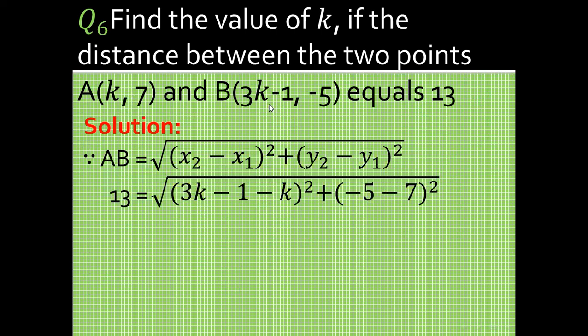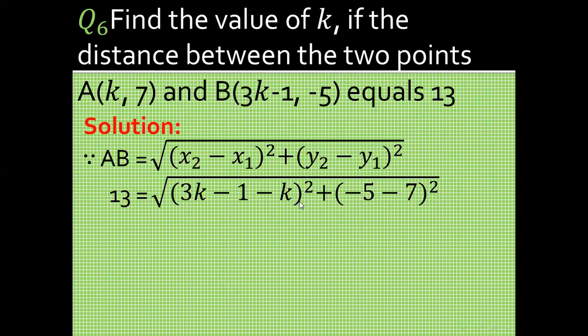Here I have 3K minus 1 minus K, or I can say K minus (3K minus 1), but here put 3K minus 1 into brackets. Considering the first point x1, y1 and the second point x2, y2, then (3k minus 1 minus k) squared plus (negative 5 minus 7) squared.